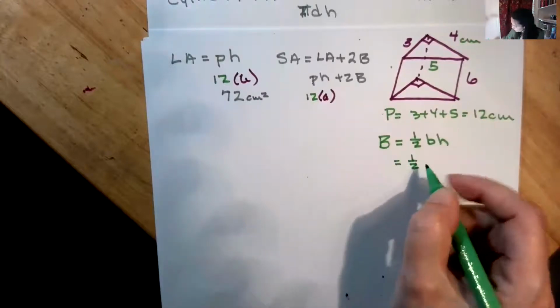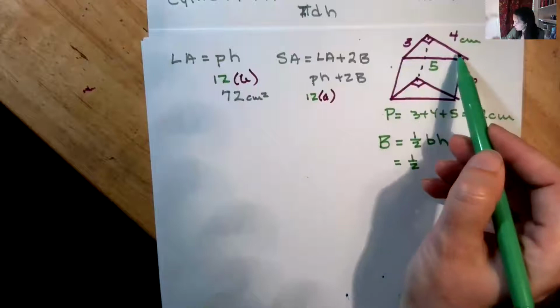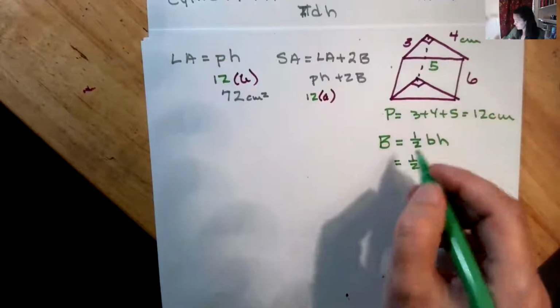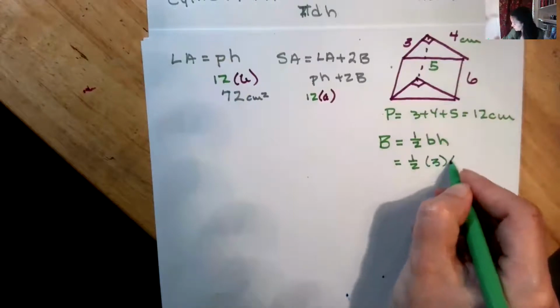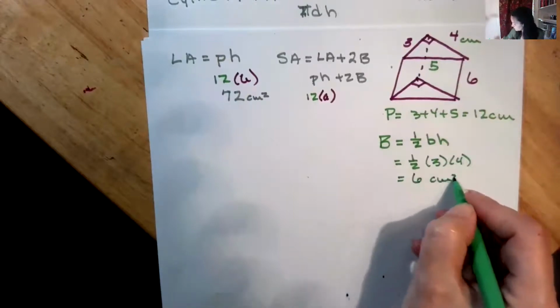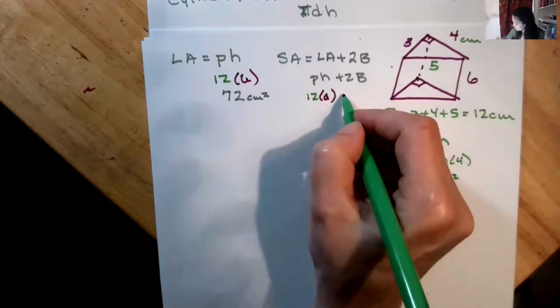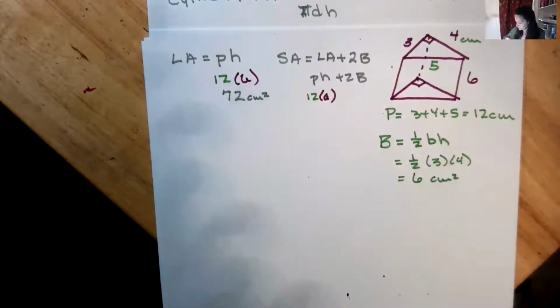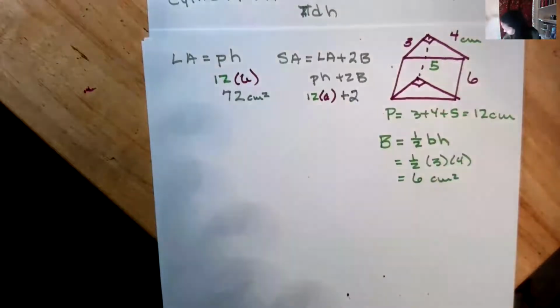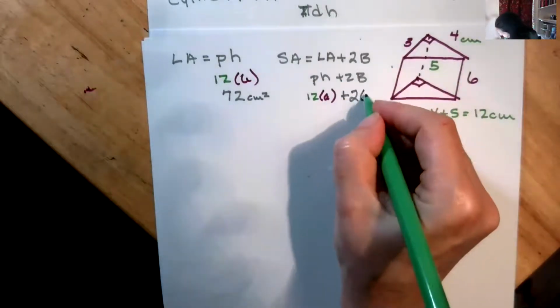So 1/2. One of my bases, remember, are going to be the segments that are on a right triangle that are perpendicular to each other. So 1/2, 3 times 4, so that's 6 centimeters squared. So up here, I would have plus 2 times 6.